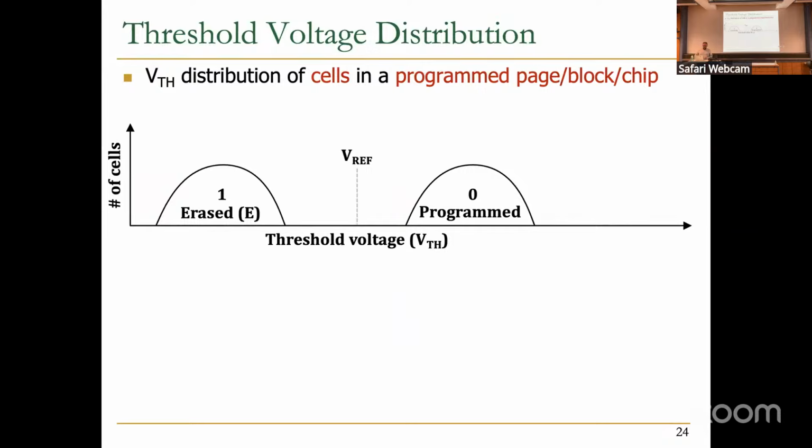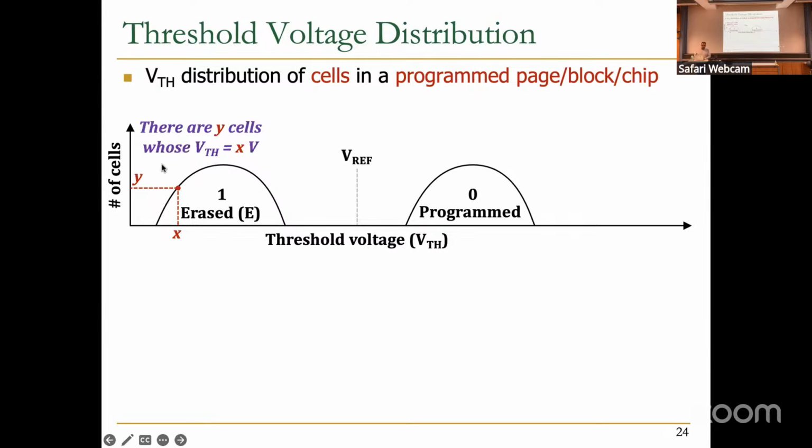So the thing is that when we program a flash page, there are several cells, right? And in the end, we're going to see a distribution in the erasing and also programming, similarly, because of process variation.